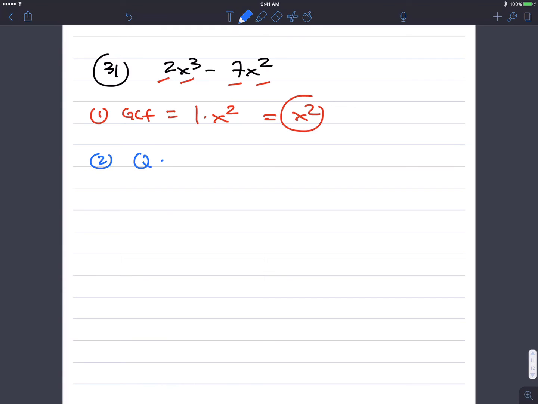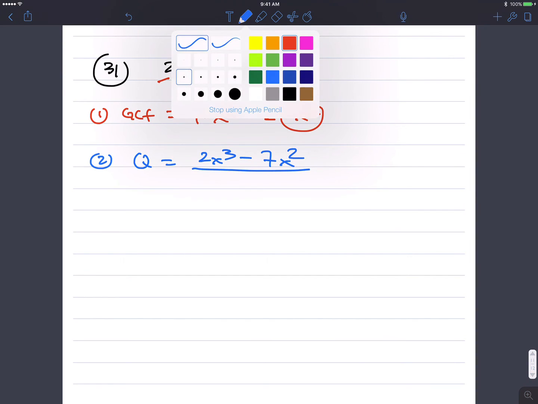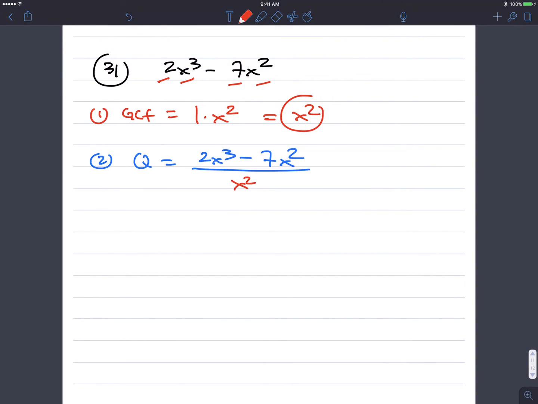Second step, our quotient's going to be 2x cubed minus 7x squared divided by your x squared term. 2x cubed over x squared minus 7x squared over x squared. So what's the GCF of the first term? 2 is a coefficient.